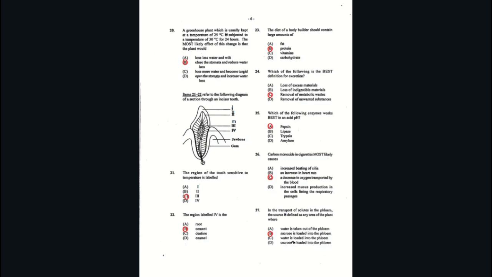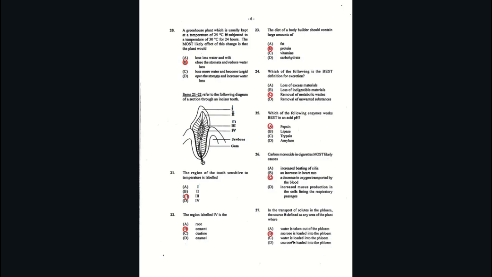They're asking for the precise definition for excretion. If we want the precise definition, we would pick C, which is the removal of metabolic wastes, right? Because it's waste. That's the whole point of excretion, to remove waste from our bodies, basically waste from different metabolic processes that were going on in our bodies. That is how we get rid of waste.